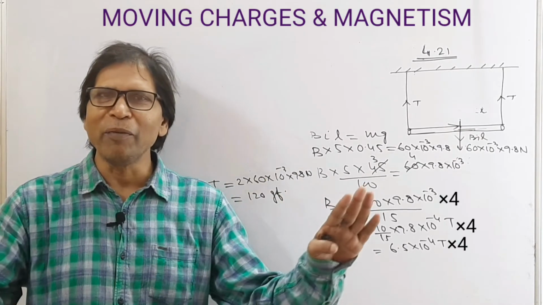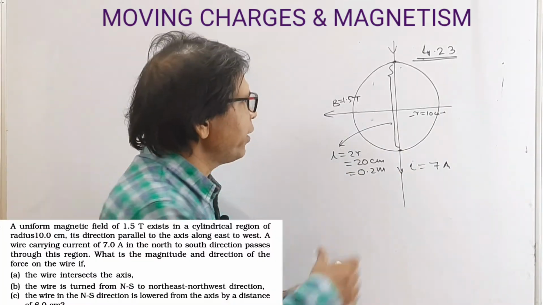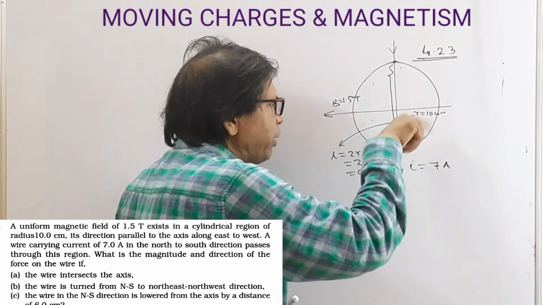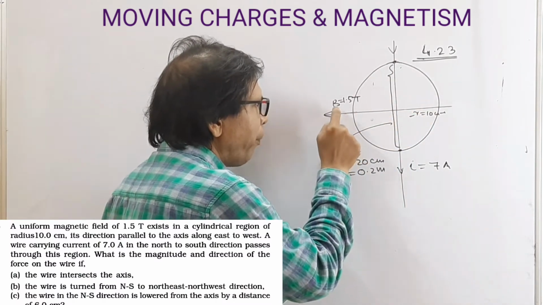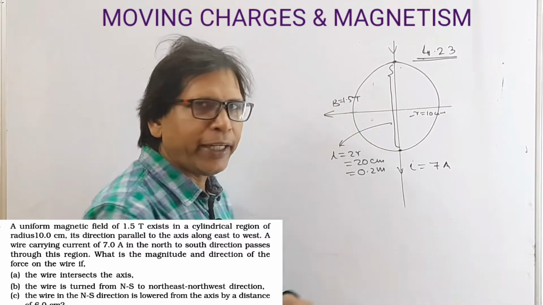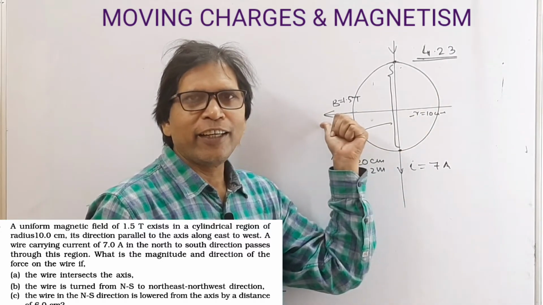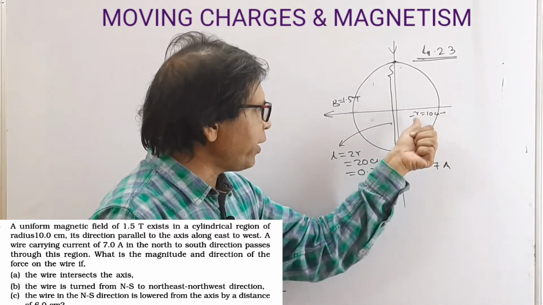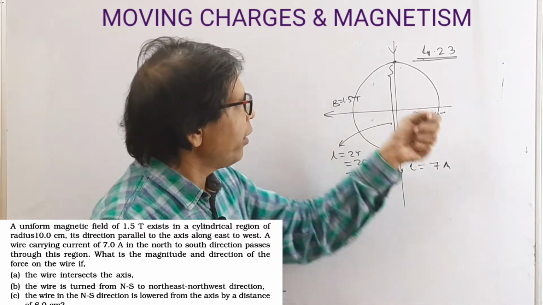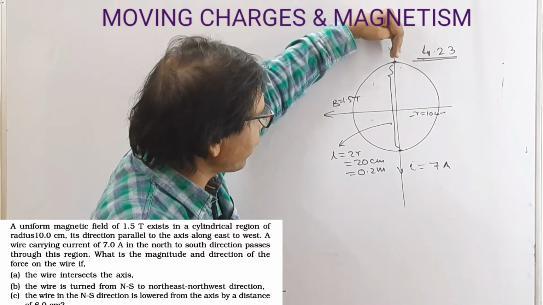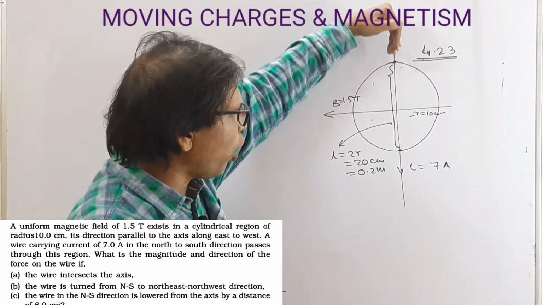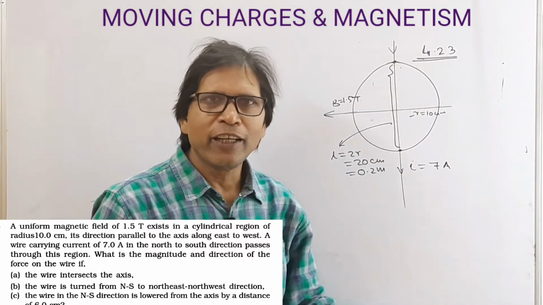Okay, no problem. Next, look at this. This region contains a magnetic field of magnitude 1.5 Tesla directed from east to west. Radius of this region is 10 centimeter. A current carrying conductor carries current from north to south direction.